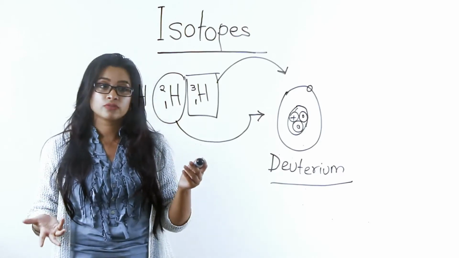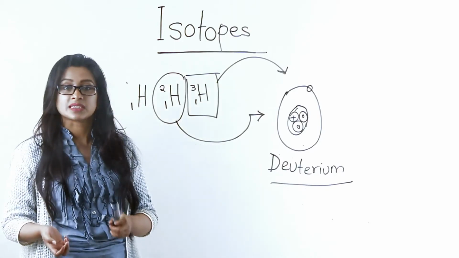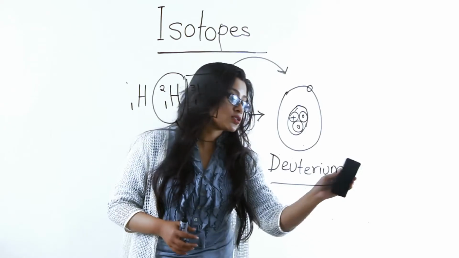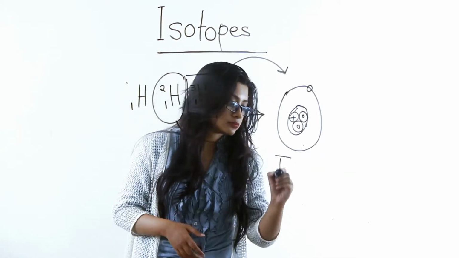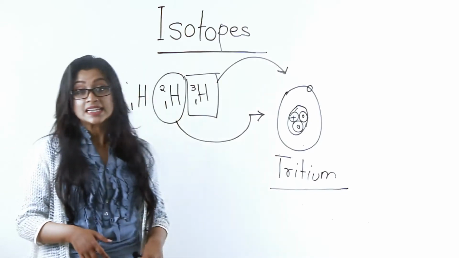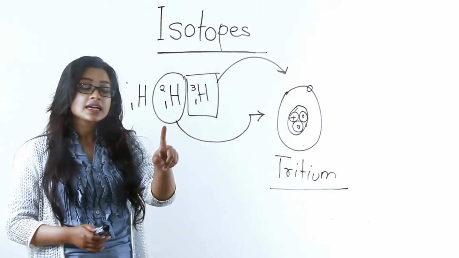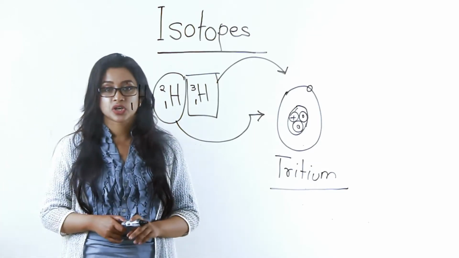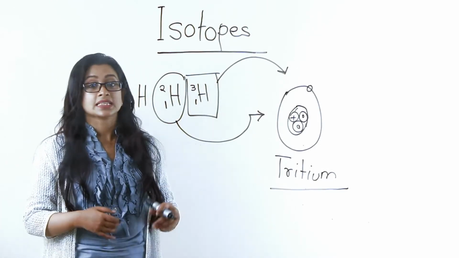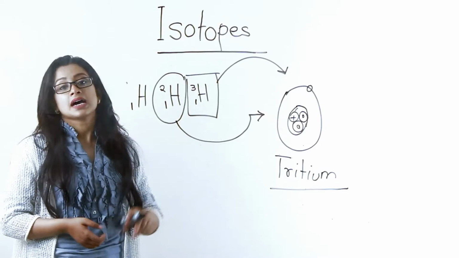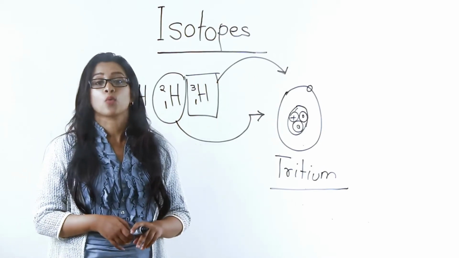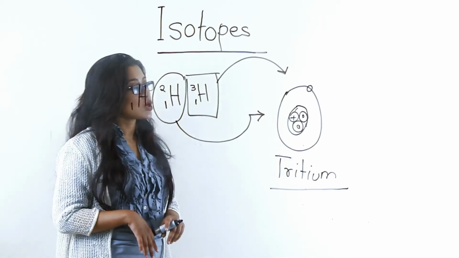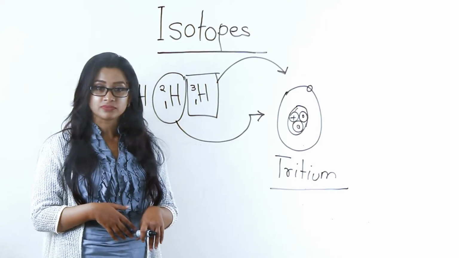And therefore this becomes an isotope of hydrogen, and this here is known as tritium. So this isotope of hydrogen containing 1 proton and 1 neutron in its nucleus is known as deuterium. And this isotope of hydrogen containing 1 proton and 2 neutrons in its nucleus is known as tritium.